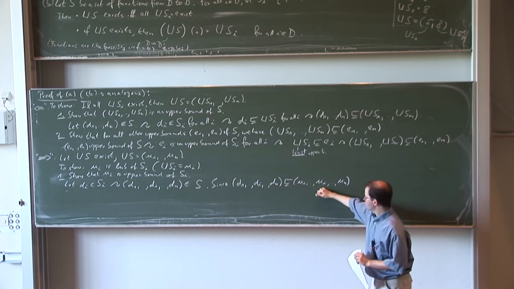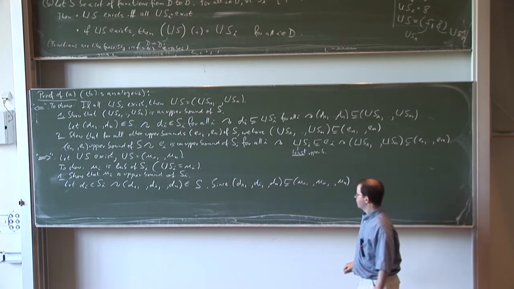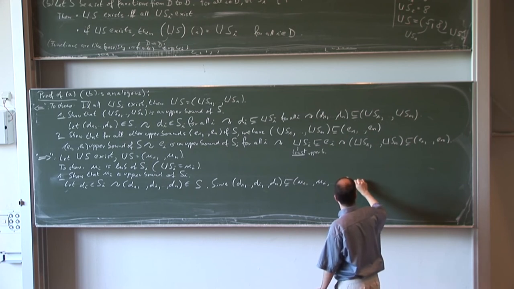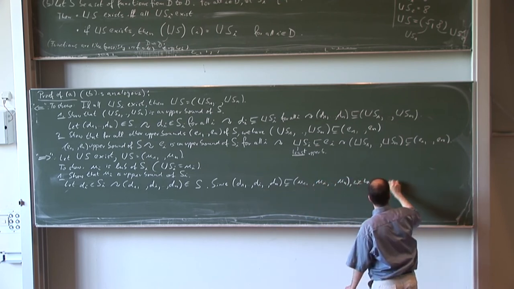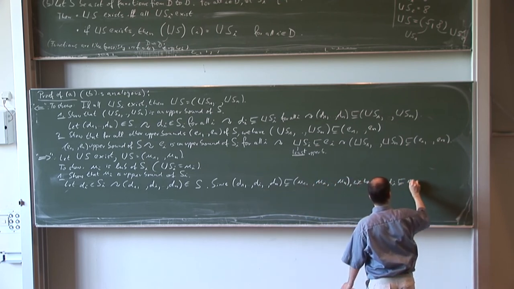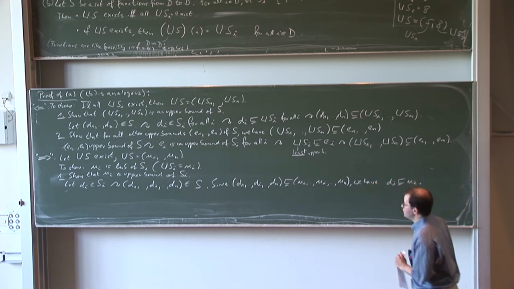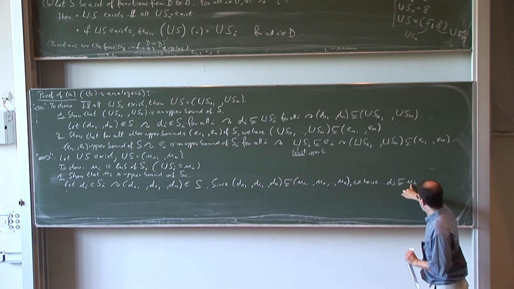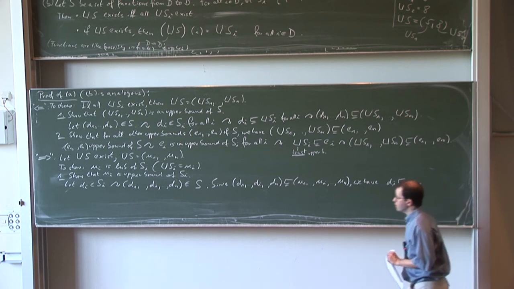This is the least upper bound of S, so every element of S is smaller than this upper bound. And since we have this, we also have this. The ith component here is smaller than the ith component there. So indeed, ui is bigger or equal than every element of Si.